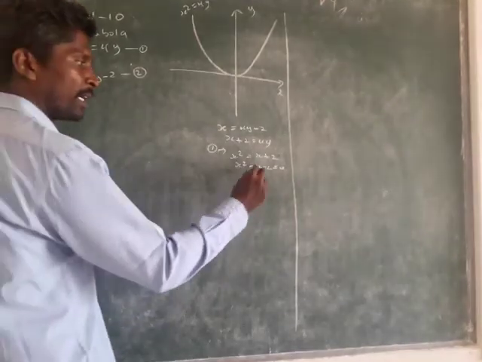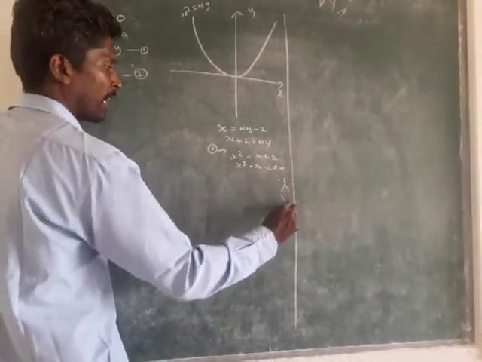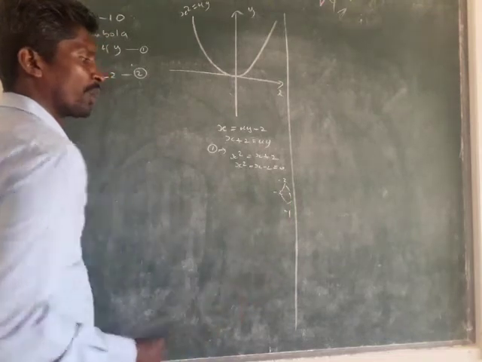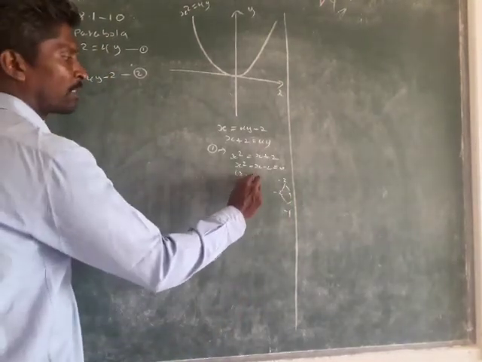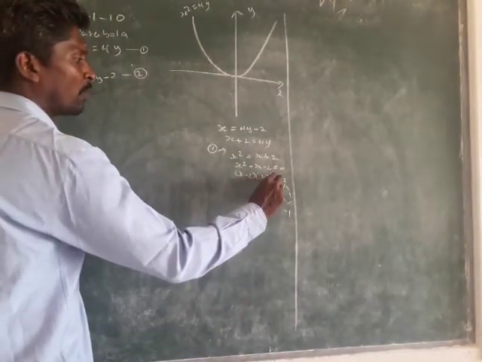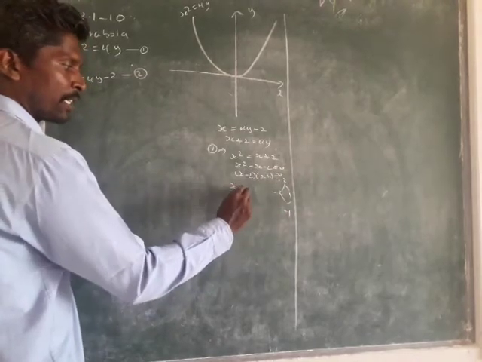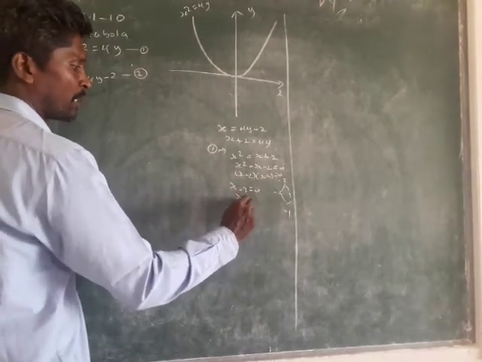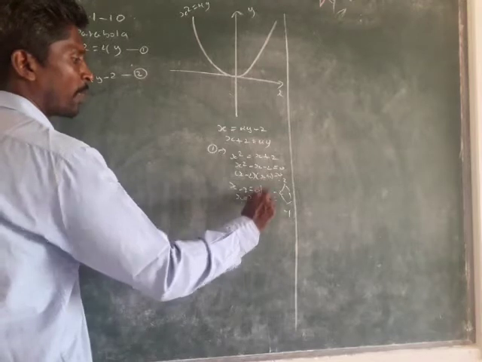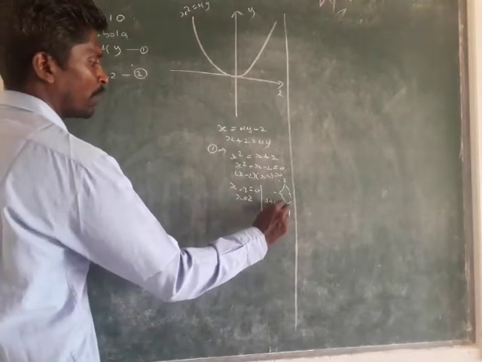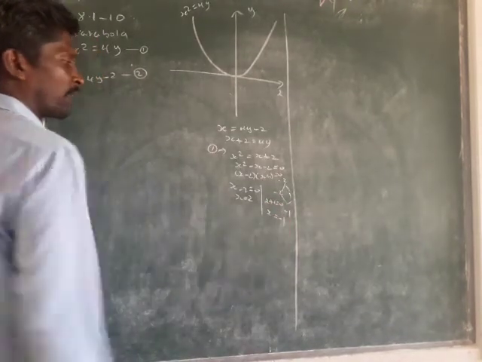Factorizing, the product is minus 2 and the sum is minus 1, so we have minus 2 and 1. So (x minus 2)(x plus 1) equal to 0. Then x minus 2 equal to 0, x equal to 2, and x plus 1 equal to 0, x equal to minus 1.